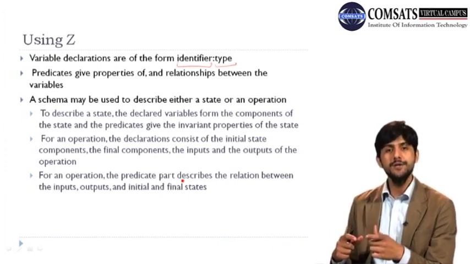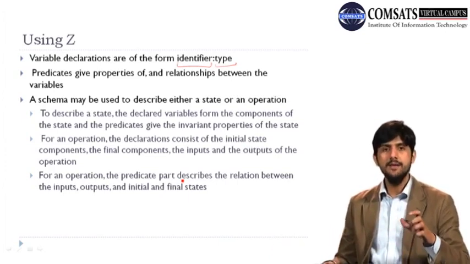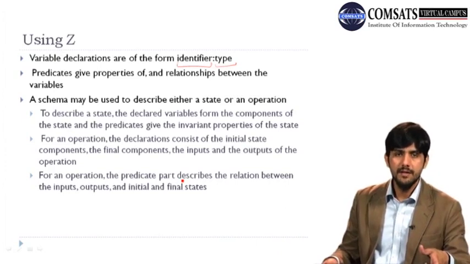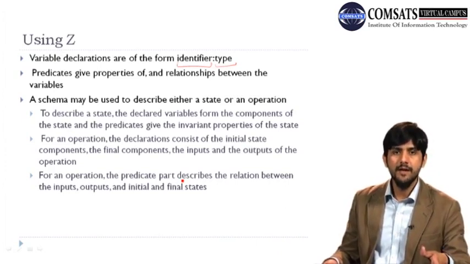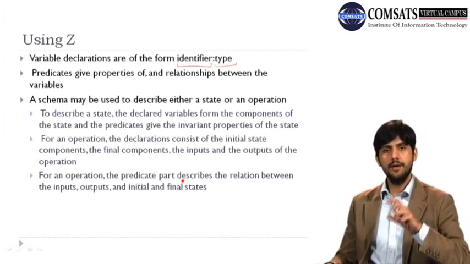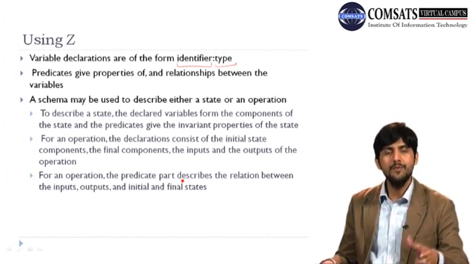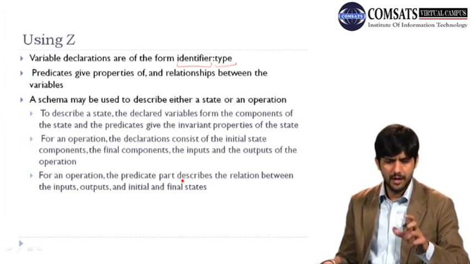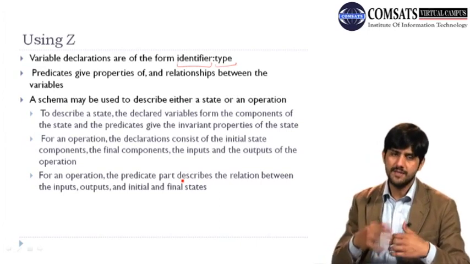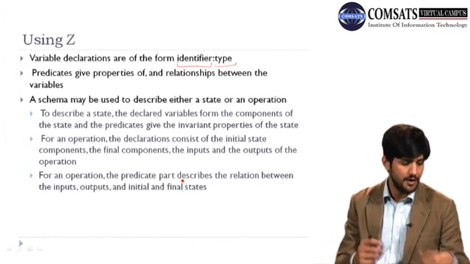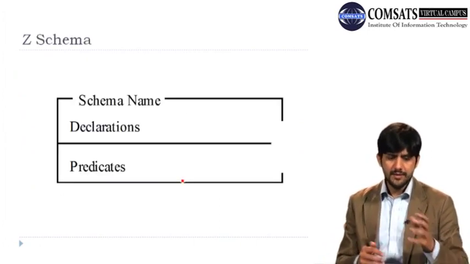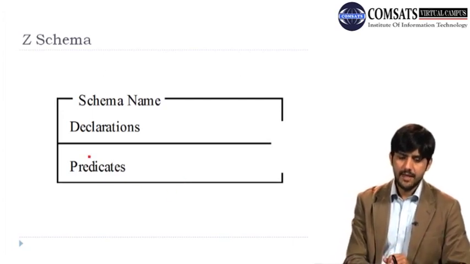But when we are defining operations, we will define the original state of the system, and the output, and on the basis of what input, what would be the final state of the system. So this is what these schemas would vary on, if it is a schema for a state or a schema for an operation.